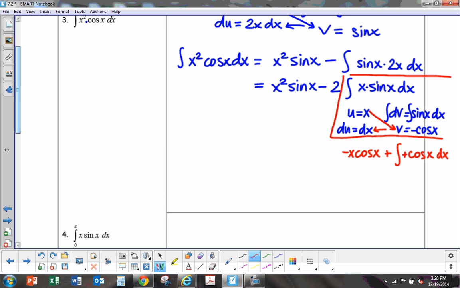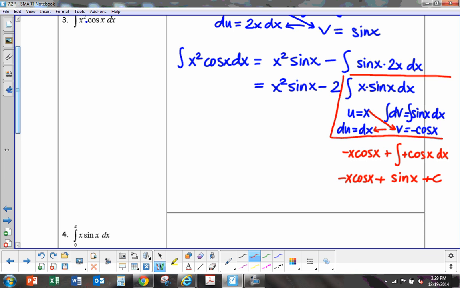And then thinking about integrating cosine of x, I can do that. The integral of cosine of x, it's either sine or it's negative sine. The derivative of sine is cosine, so the integral of cosine is sine. And now we can do our plus c. So we have negative x cosine of x plus sine of x plus c.